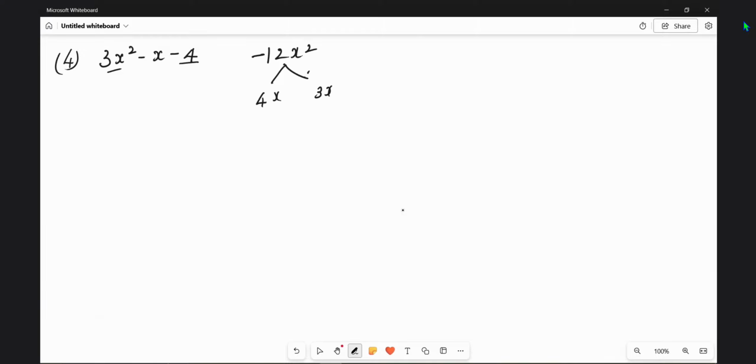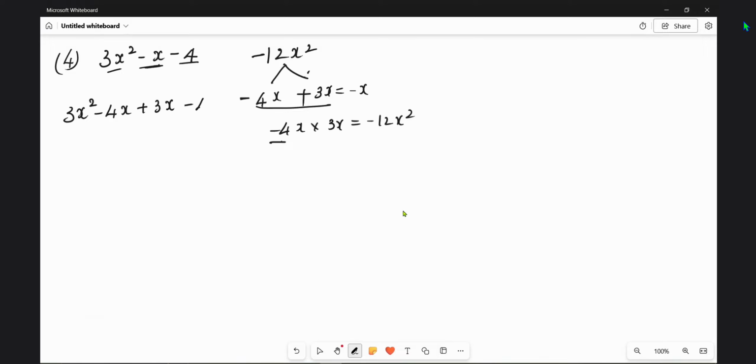And here it is minus, so this is minus, this will be plus. So we will get it as minus x. When I multiply, I will get it as minus 12x square. So minus x, I can replace by this. So 3x square minus 4x plus 3x minus 4.